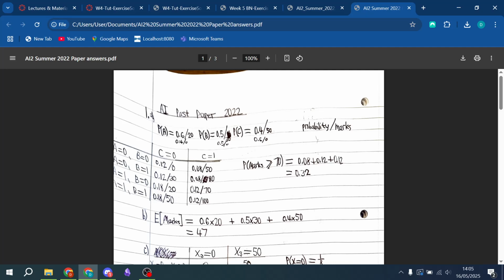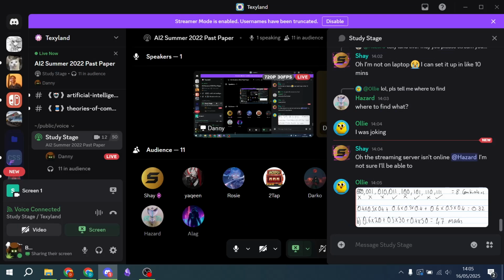So she could get A, B, and C all wrong, or all right, or whatever, and then calculate how many marks you'd get for each case. Only these 3 cases have 70 marks or more, so you add up the probabilities and get 0.32.